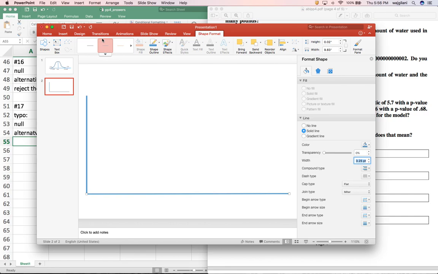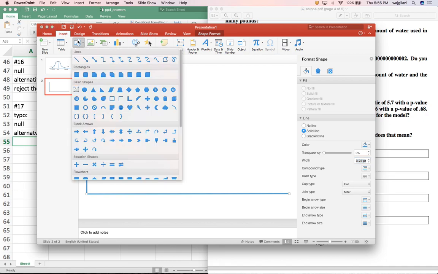Now, unlike the T distribution, the F distribution is one-sided. It's simply one-sided.